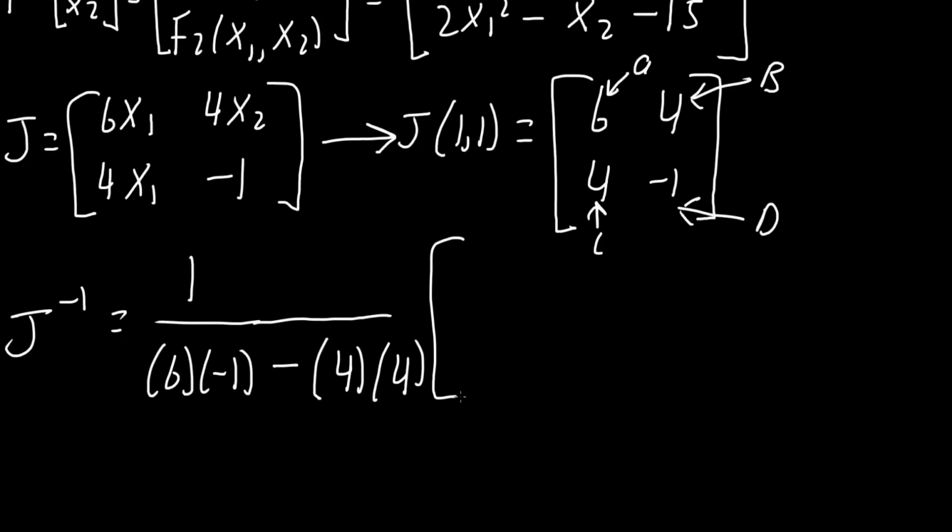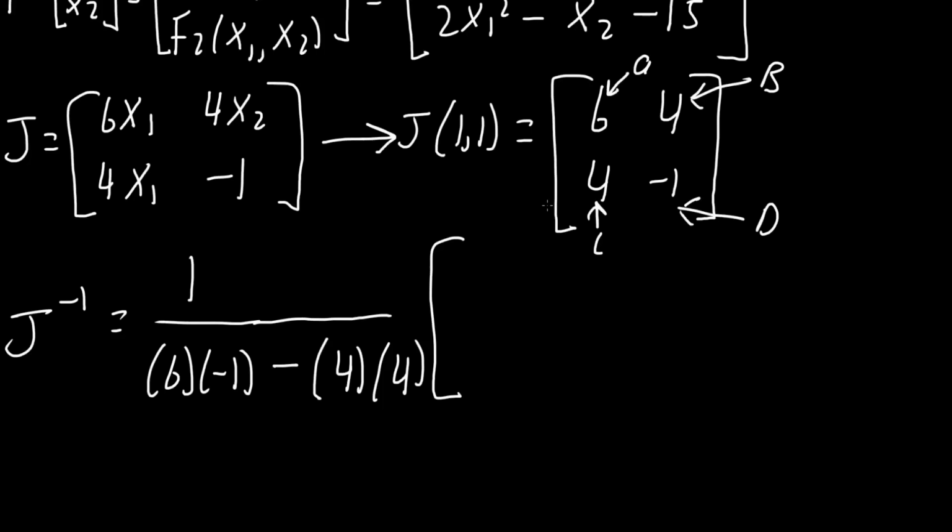And this is where we need to kind of mess around with this matrix. So instead of A, B, C, D, it's going to be D, -B, -C, and then A. This is a rule. So D, -B, -C, A. So I'm just going to replace it with what we will have next.